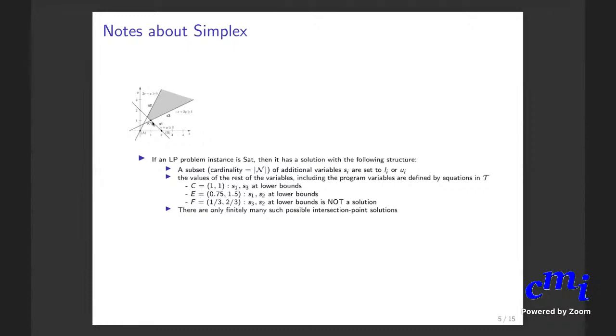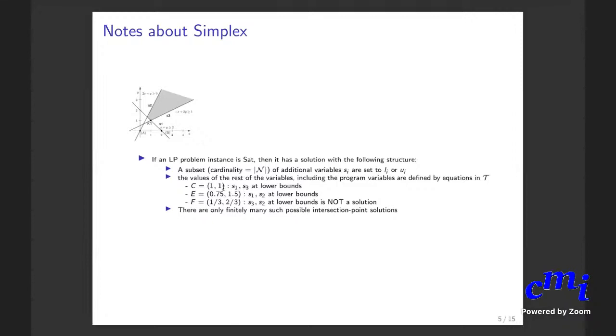Solution C corresponds to where S3 and S1 are set to their lower bounds, whereas solution E, the intersection of S2 and S1, corresponds to the case where S2 and S1 are set to their lower bounds, and x, y, and the other variables are determined as a linear combination of these by plugging them into the equations.